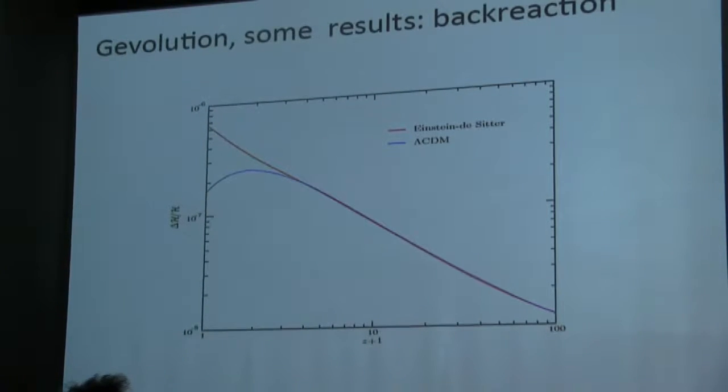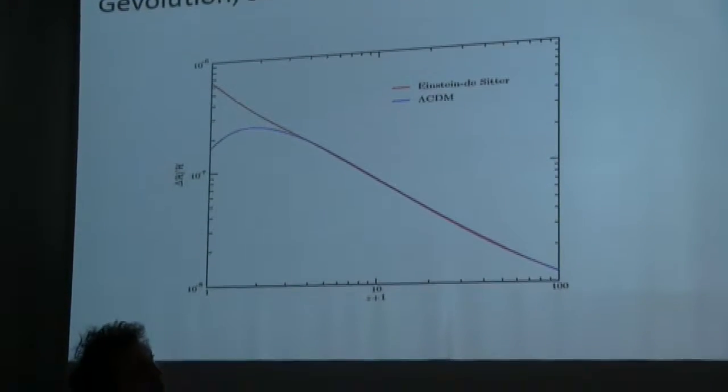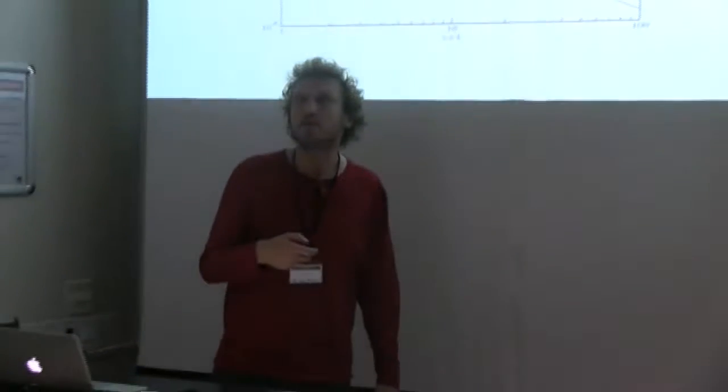But you see that what you see here is, at redshift 1, something that is of order 10 to the -6. So if you want to tackle that with numerical relativity, you had better have a code that is able to deal with that kind of precision.